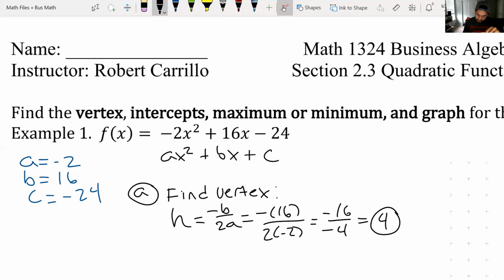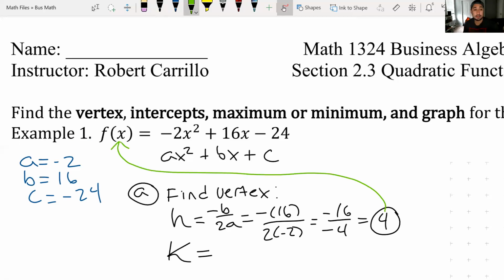And now, to find K, take 4 and plug it in for x into the original function. So K is going to equal f of 4, which means you are going to take 4 and plug it in for every single x into the function.